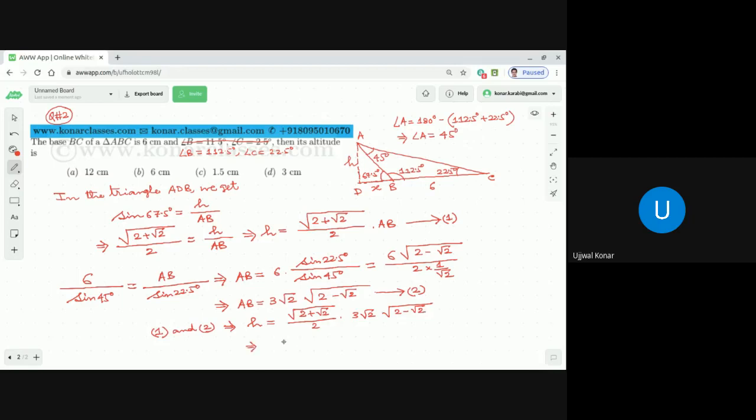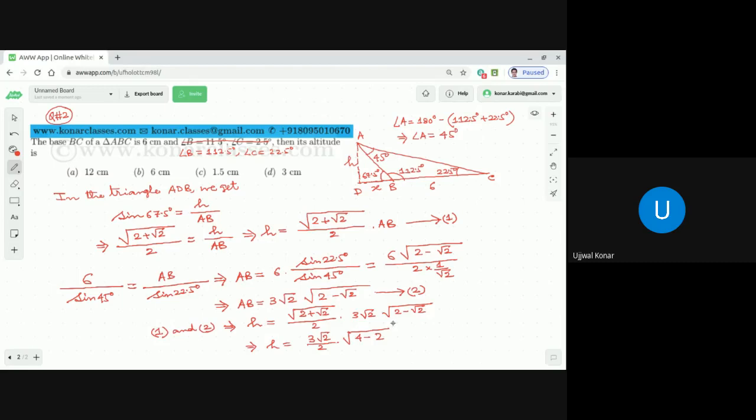So this implies H is equal to 3 by root 2 into square root of 4 minus 2. So that means we can write 3 into root 2 by 2 into square root of 2 plus root 2 into square root of 2 minus root 2.